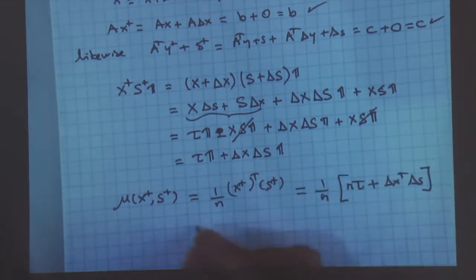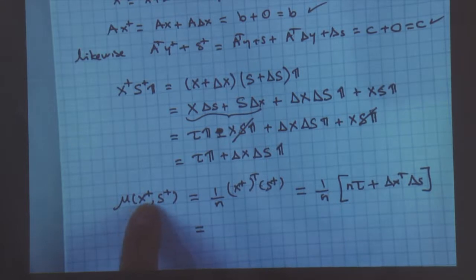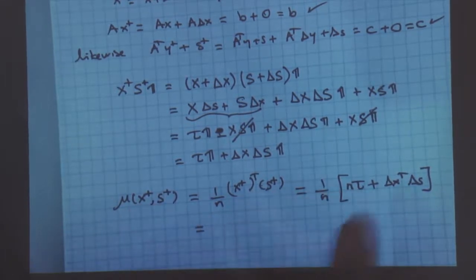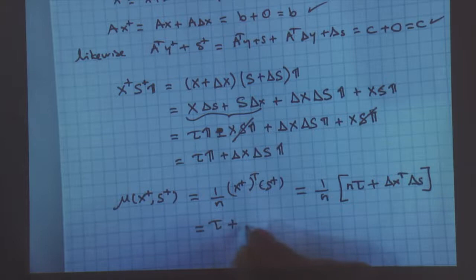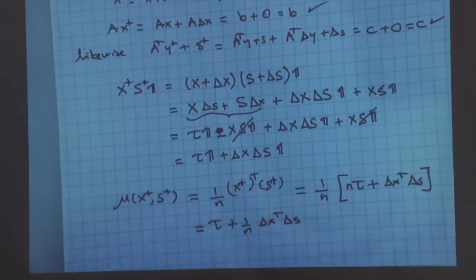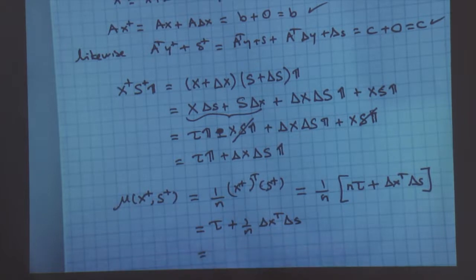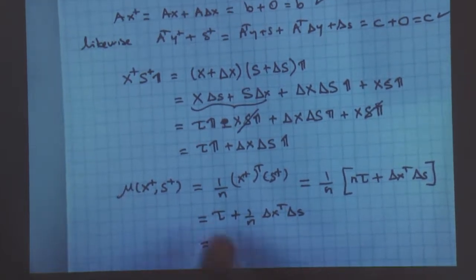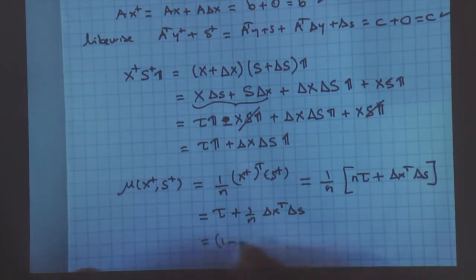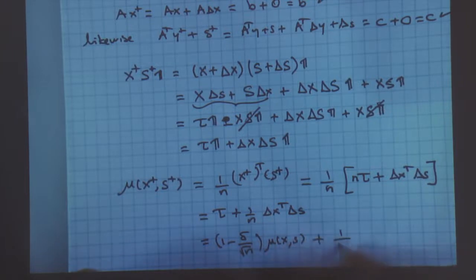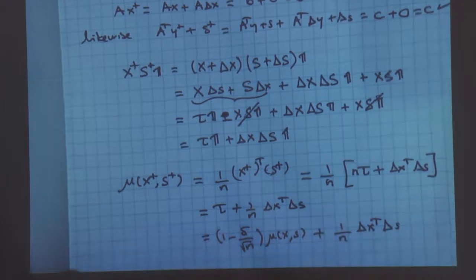So you get that mu of x plus s plus is tau, and then 1 over n delta x transpose delta s. Now tau, by the way the algorithm is designed, is 1 minus delta over square root of n times mu of xs. And then I have this other component here, delta x transpose delta s.